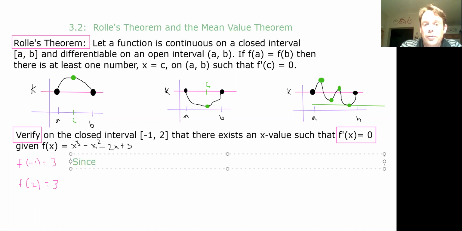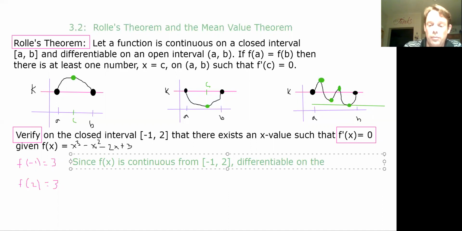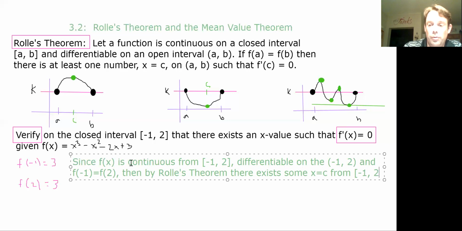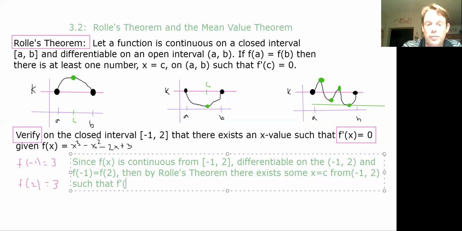So let's try this. Since f of x is continuous on the closed interval, differentiable on the open interval, and f of -1 equals f of 2, then by Rolle's theorem, there exists some x equals c from -1 to 2, such that f prime of c equals 0.